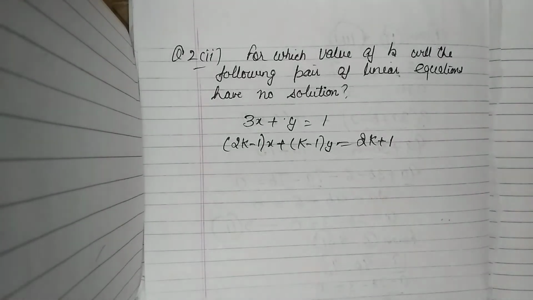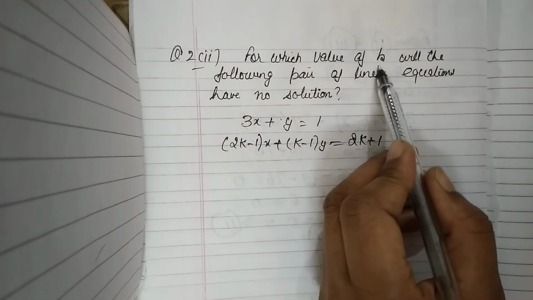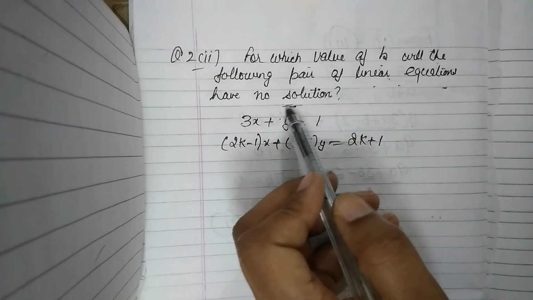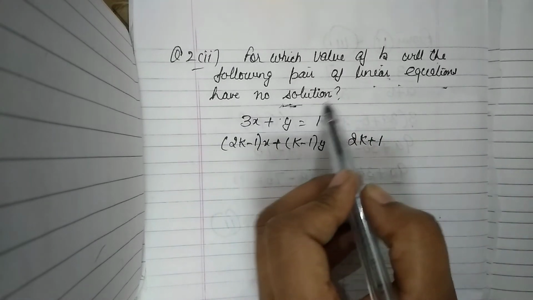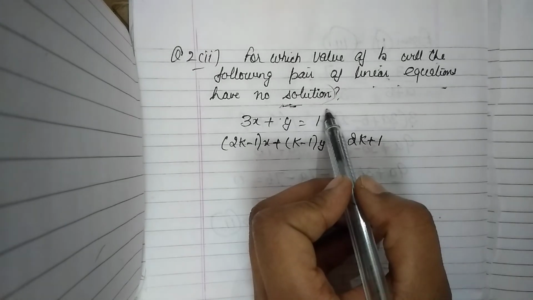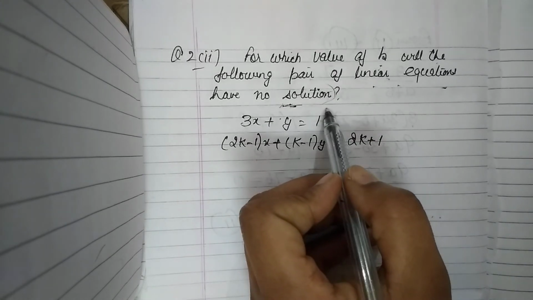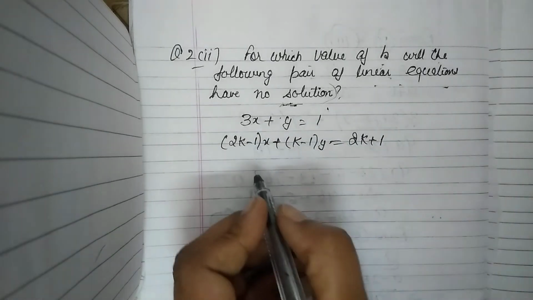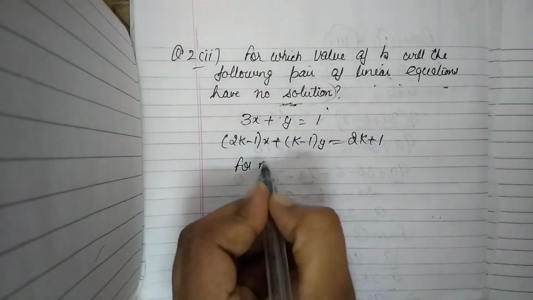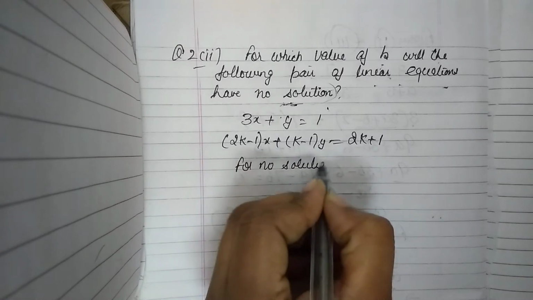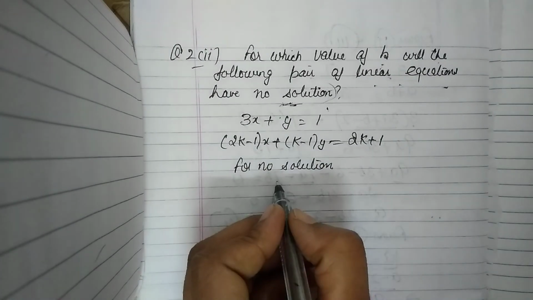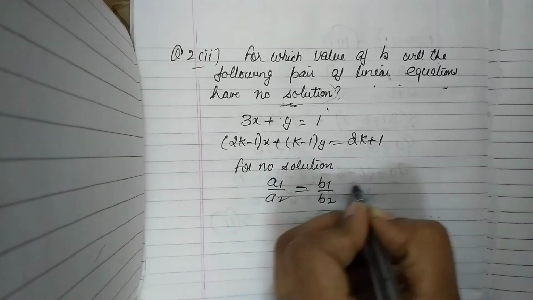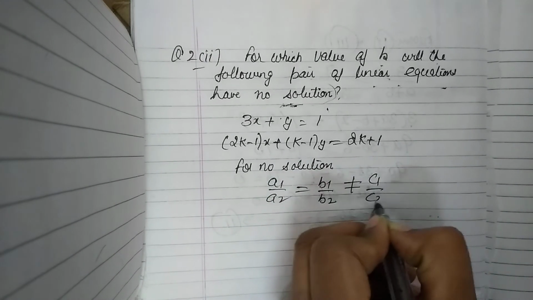Now second question, for which value of k will the following pair of linear equations have no solution? Now in this question we are given no solution. For no solution, we know what type of conditions are there: a1 upon a2 equal to b1 upon b2 is not equal to c1 upon c2.